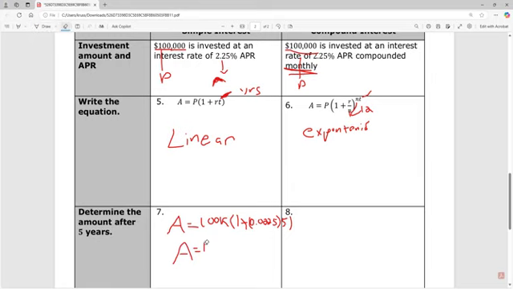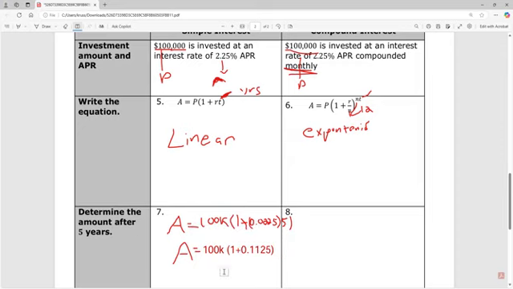Let's get rid of that. That's ugly. You know what? I can probably just do it like this. It's going to be $100,000 times 1 plus 0.0225 times 5, which is 0.1125.